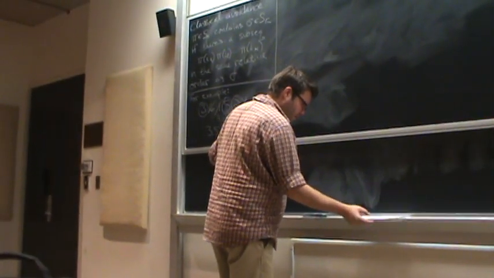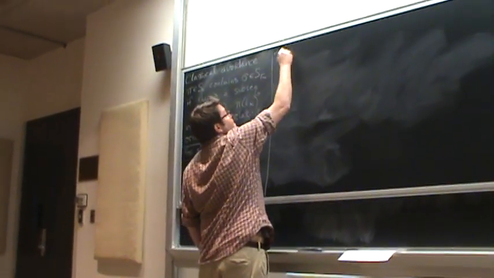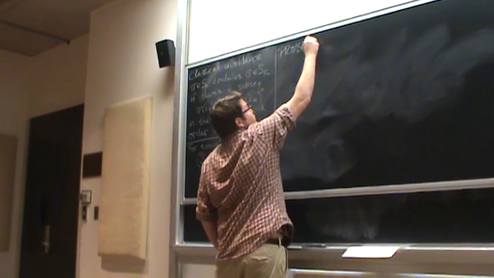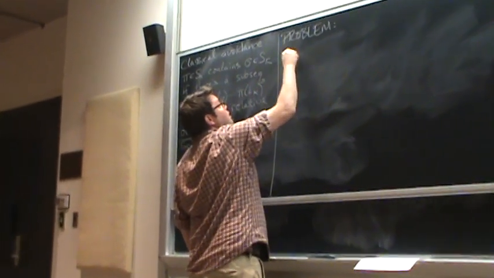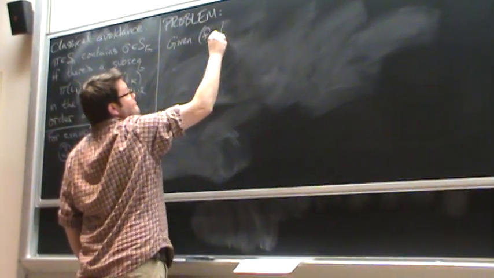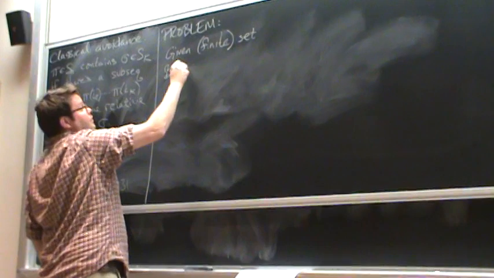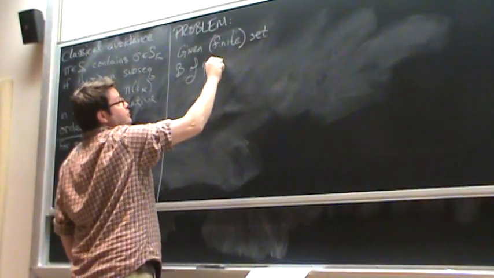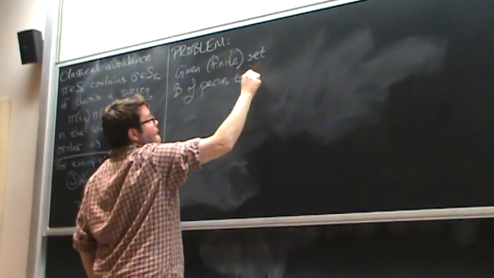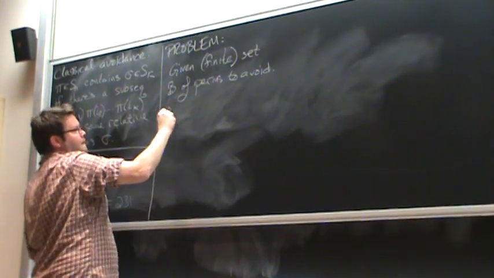And we're going to be given a set of permutations to avoid. So this is basically our problem. We're given a finite set of permutations to avoid. And maybe I'll make a definition here.